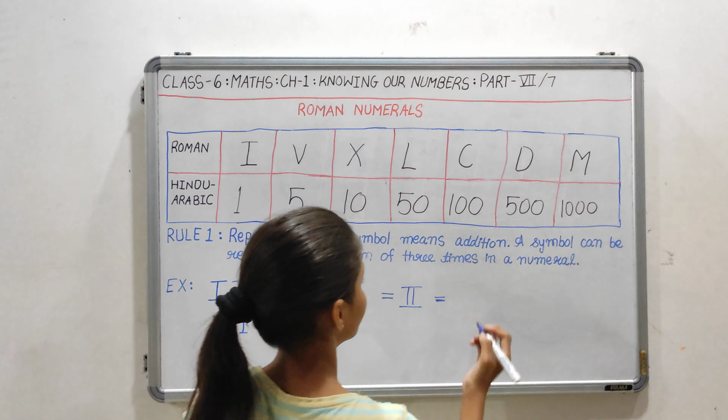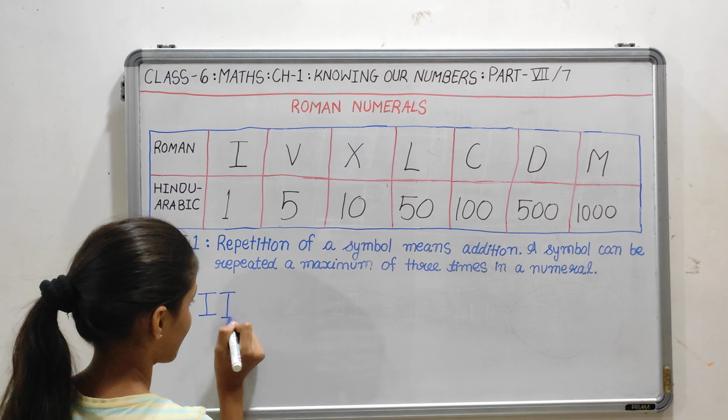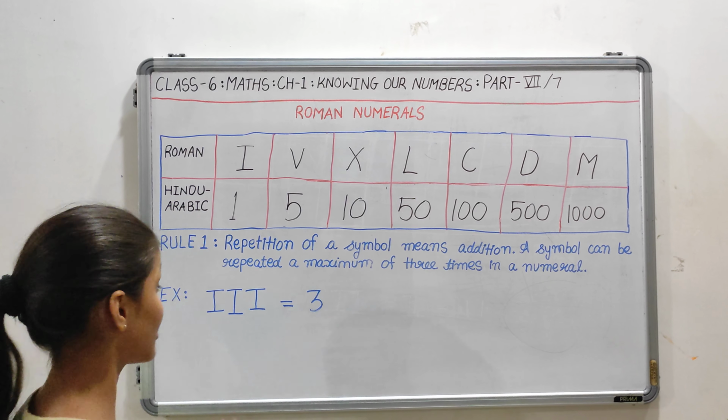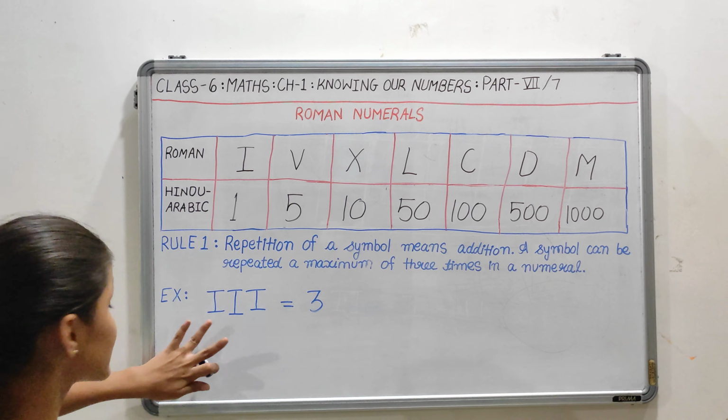Now what if we add this I three times? We get our answer as 3, because 1 plus 1 plus 1 equals 3.